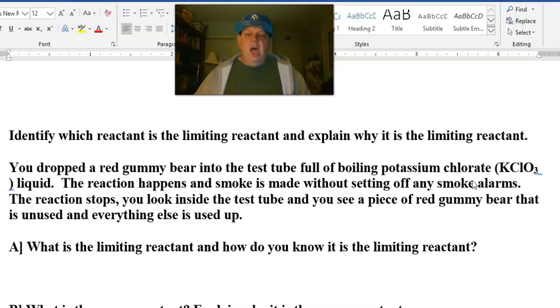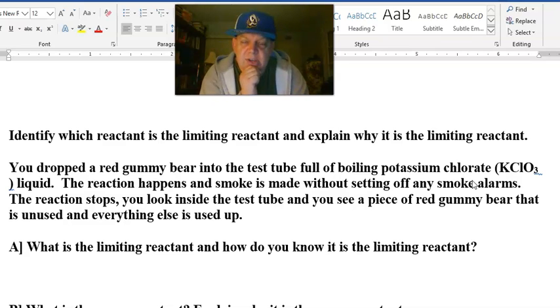The reaction stops. So something ran out, right? You look inside the test tube and you see a piece of red gummy bear that is unused and everything else is used up. What is the limiting reactant and how do you know it's the limiting reactant?